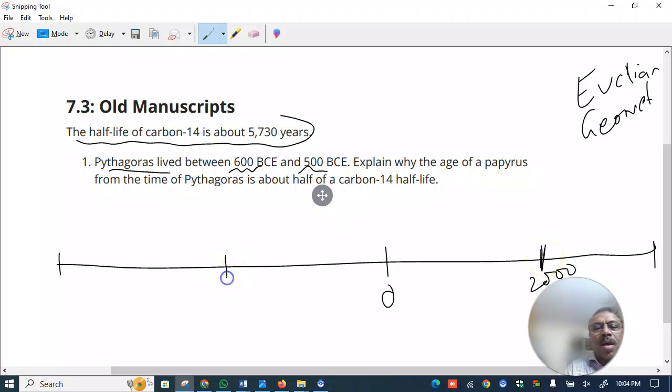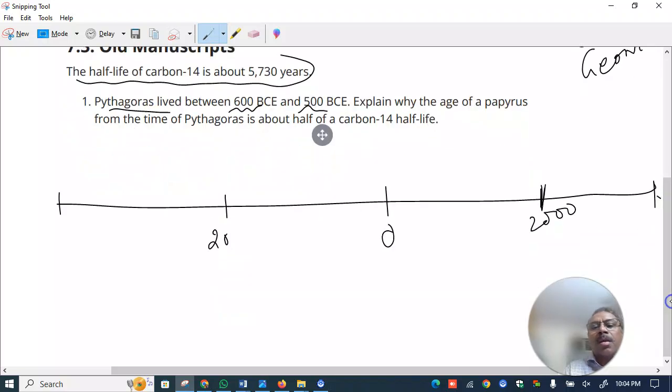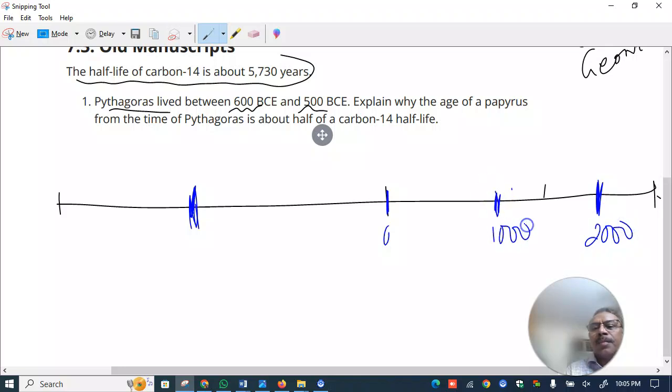If this is 2000, that would be too small. Let's make it a little bigger now. So if this is 0, let's make this one as 2000. If this is 2000, this will be 1000.